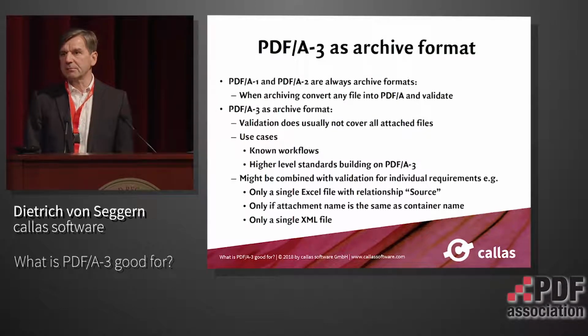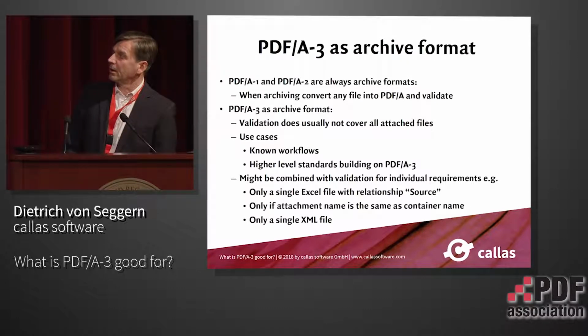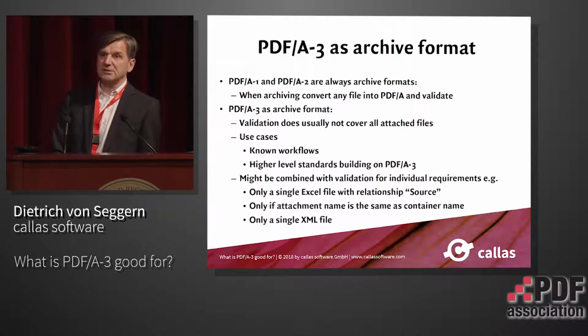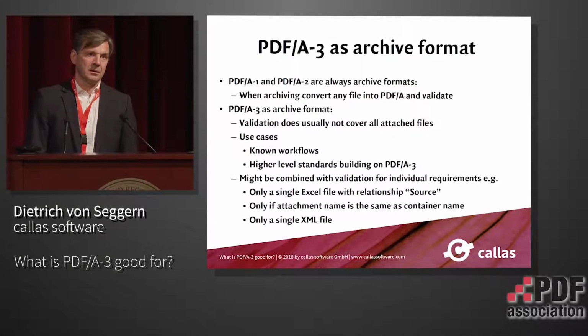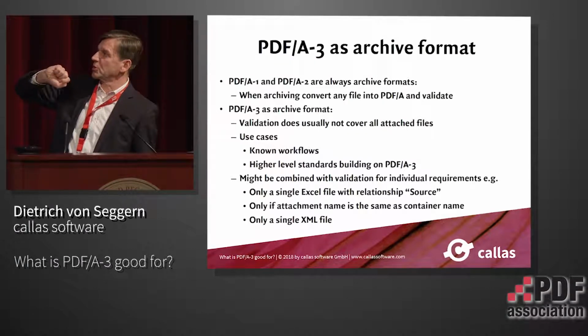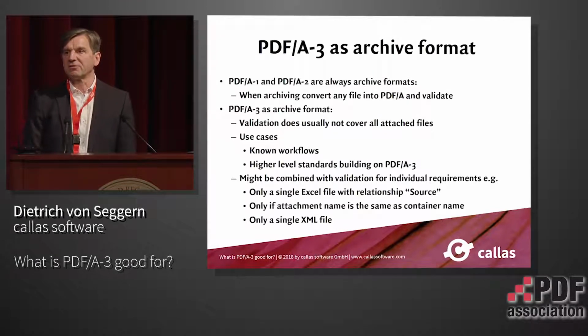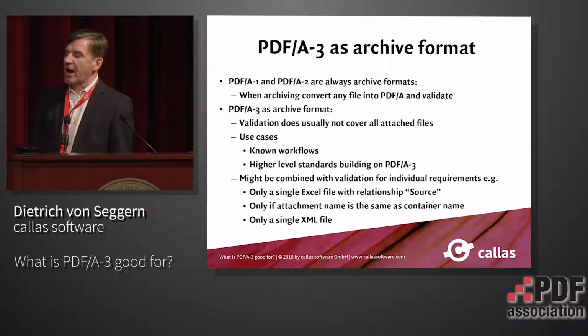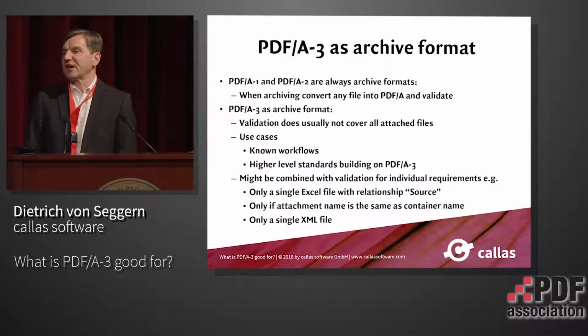For PDF A3, one has to say, yeah, but this is different for PDF A3, because here we don't have a validity, it's not possible to validate the whole thing. So I have these attachments, and the use cases that I've shown should say, okay, but if I have a known use case, I wouldn't want arbitrary files in my archive, but I would want files which make sense in my archive.